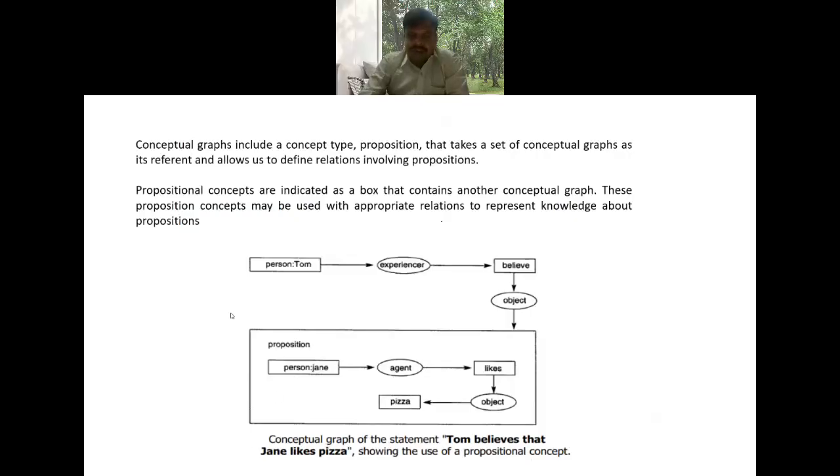John likes pizza can be represented as one proposition, whereas Tom is the agent here. He is the experiencer, having faith in this particular proposition. Clear? So that is why these propositional concepts can also be indicated like a box. This also belongs to the conceptual graph.